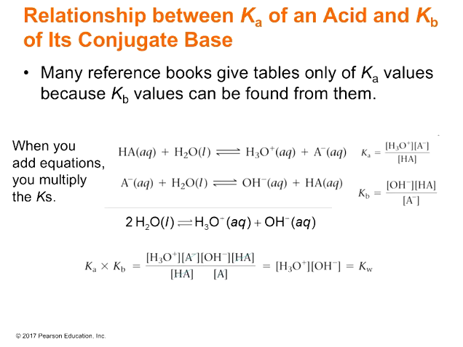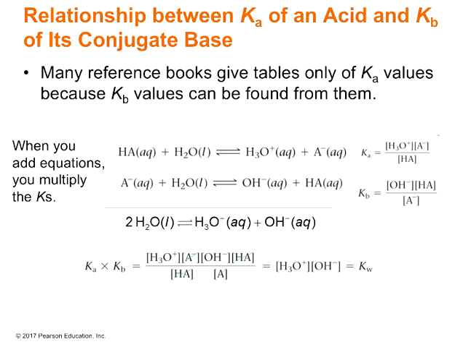Now, one more concept I want to cover is the relationship between the acid ionization constant and the base ionization constant. So how do Ka and Kb relate to each other? Now, many reference books will give tables of only Ka values, and that's because we can find Kb values from those Ka values.